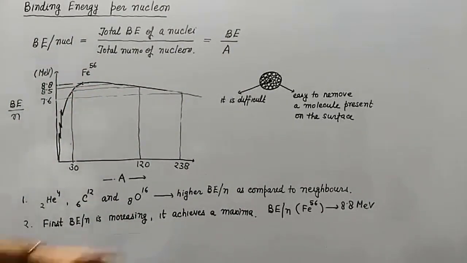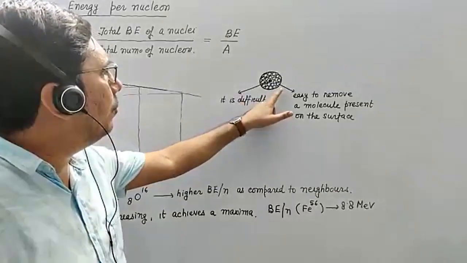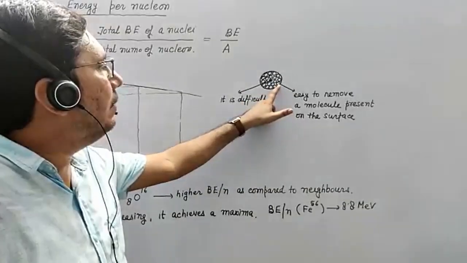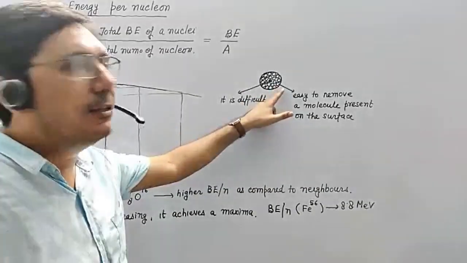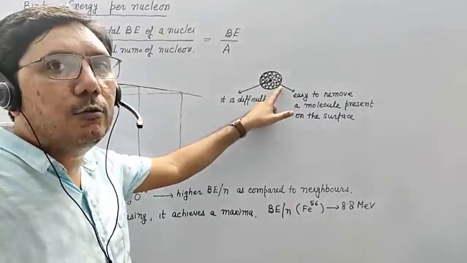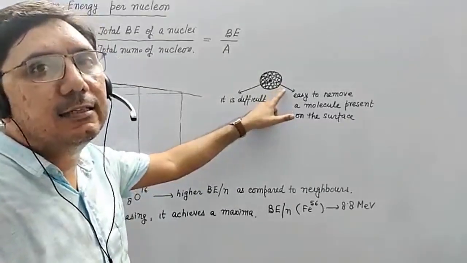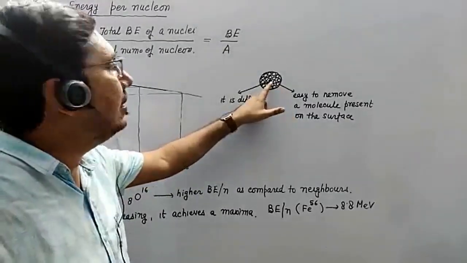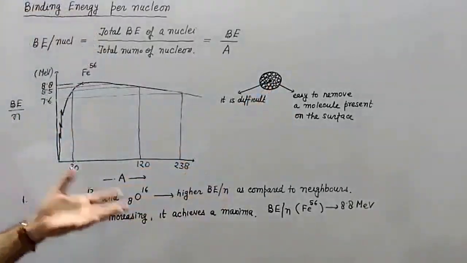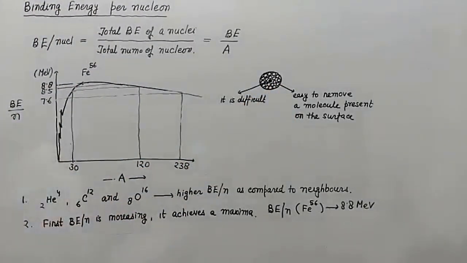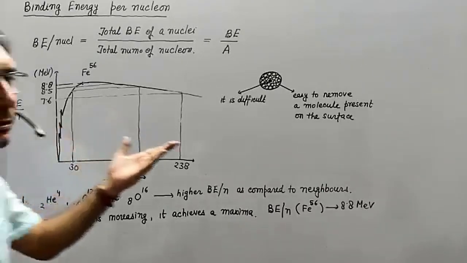So the binding energy of a molecule present on the surface is less, while the binding energy of a molecule present well inside the liquid drop is large. You have to provide a larger amount of energy.